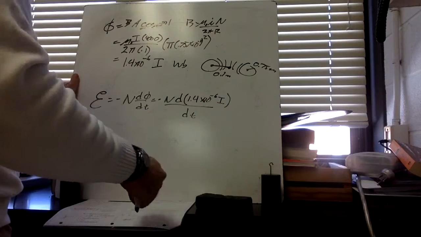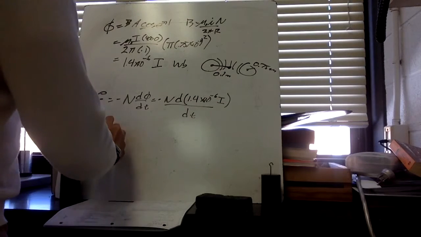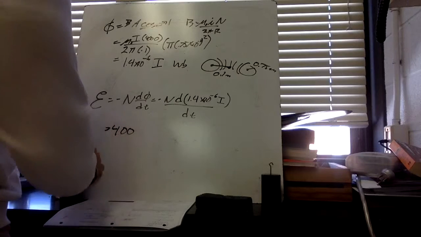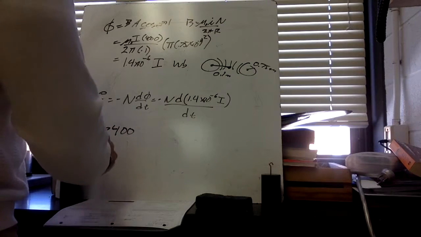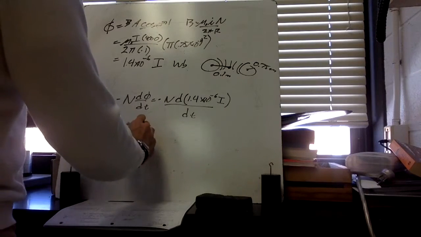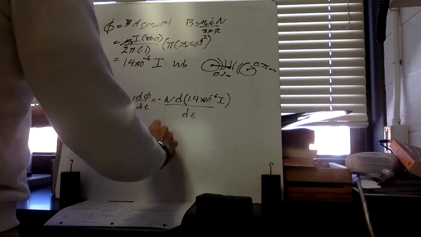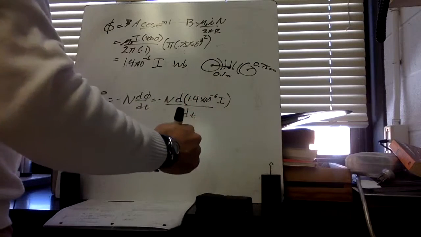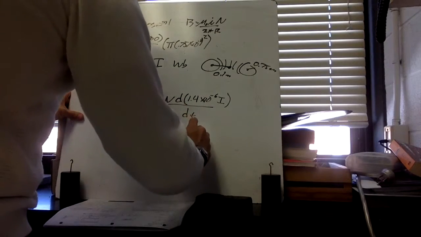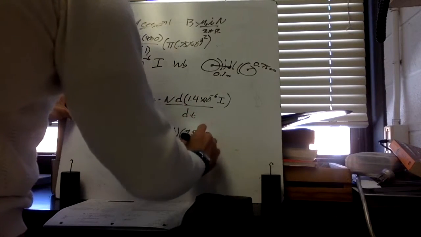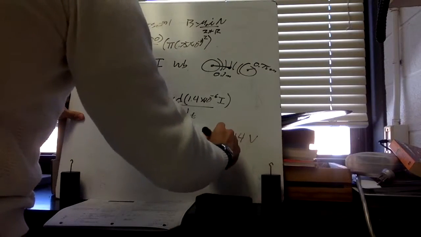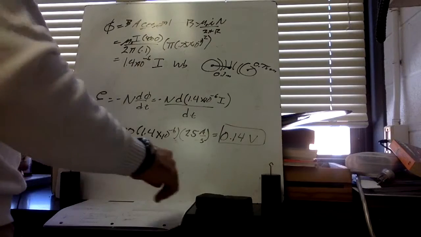Di dt is the number that's given to us, the 25 amps per second. So this is 400 of 1.4 times 10 to the negative 6th times di dt, which is 25 amps per second, and we get 0.14 volts.